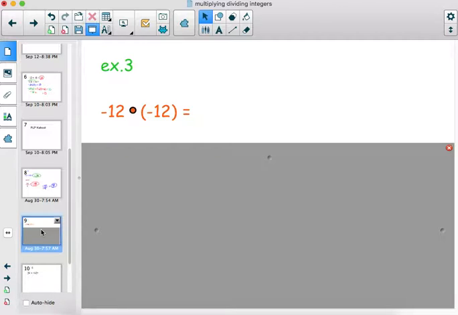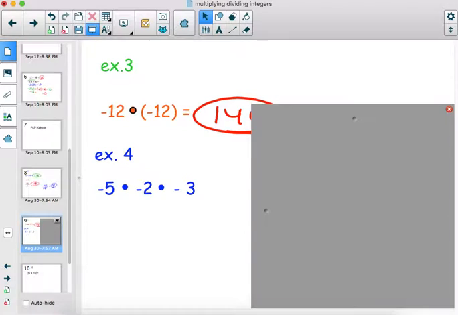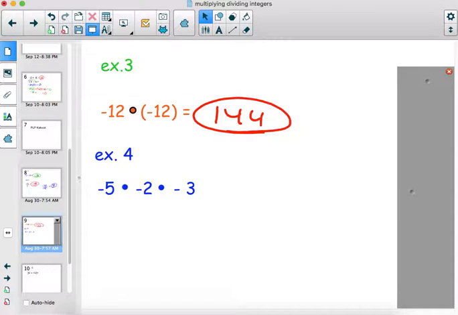Negative times a negative will be a positive. 12 times 12 is 144. Did you get that, Graham? Alright. Try example 4.